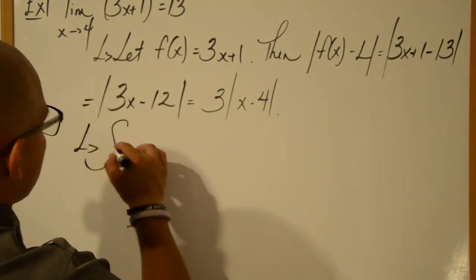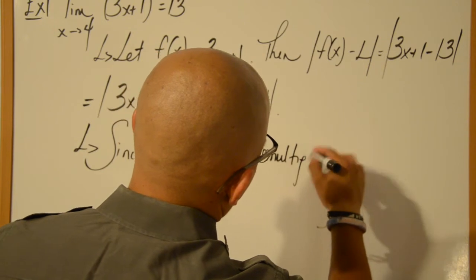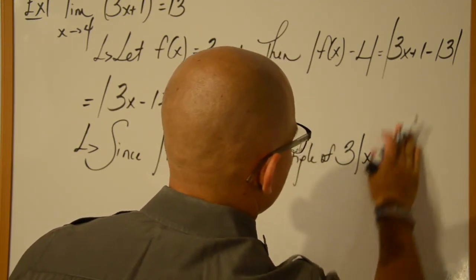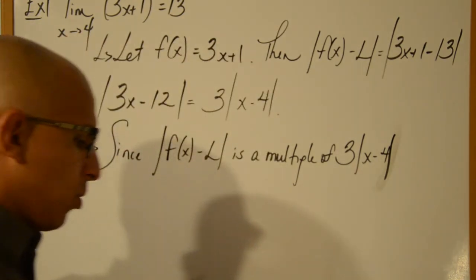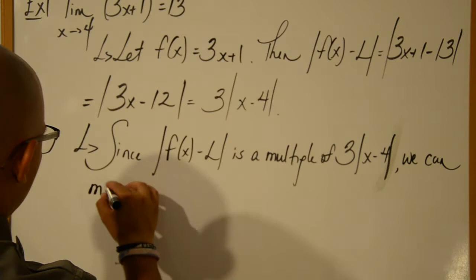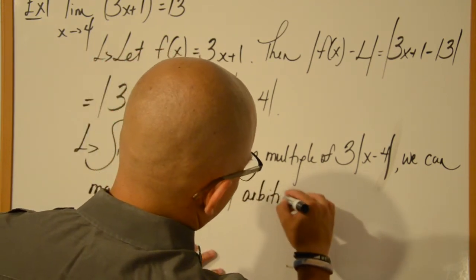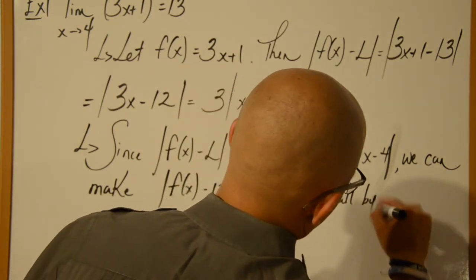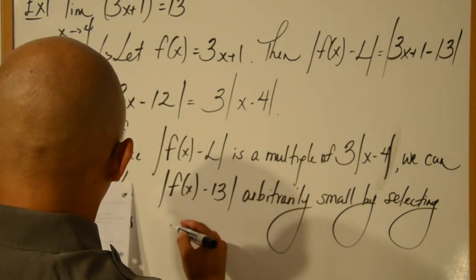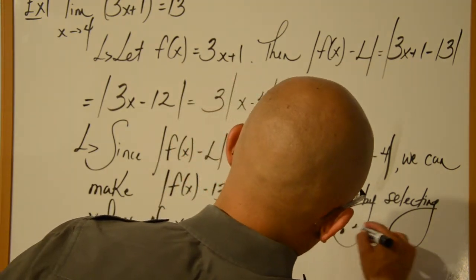So since f of x minus L is a multiple of 3 times the absolute value quantity of x minus 4, oops, that should not be in parentheses, we can make f of x minus 13 arbitrarily small by selecting values of x sufficiently close to 4, right?